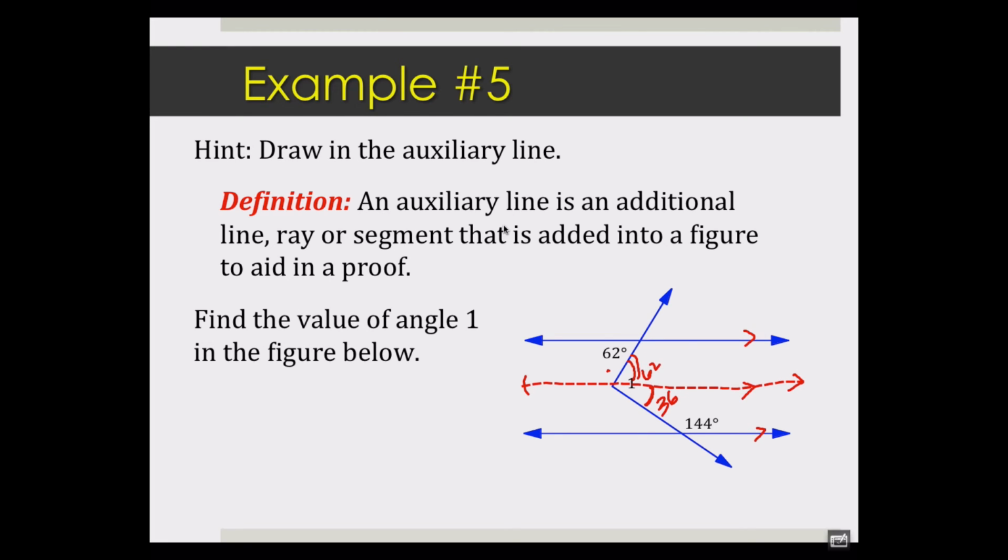Why? What kind of angles are these 2? Alternate interior. Good, alternate interior angles. Therefore, how big is angle 1? Becca? 98 degrees. How'd you get that? I added 62 and 36. Good, 62 plus 36 gives us 98 degrees.